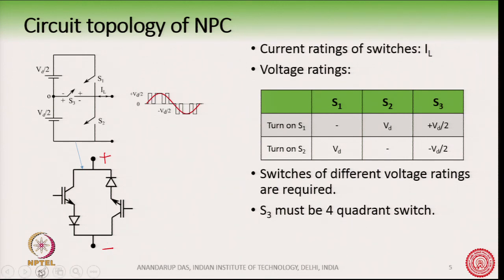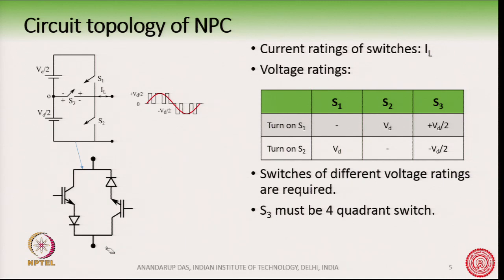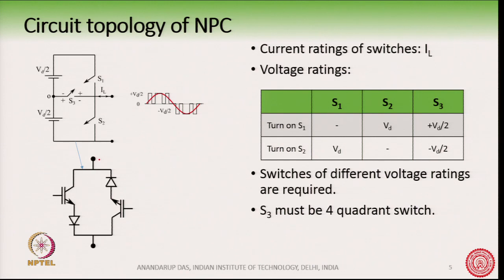Now, on the other hand, if you have a situation like this, then once you turn on this transistor, the current will flow like this. This circuit can block bidirectional voltage.